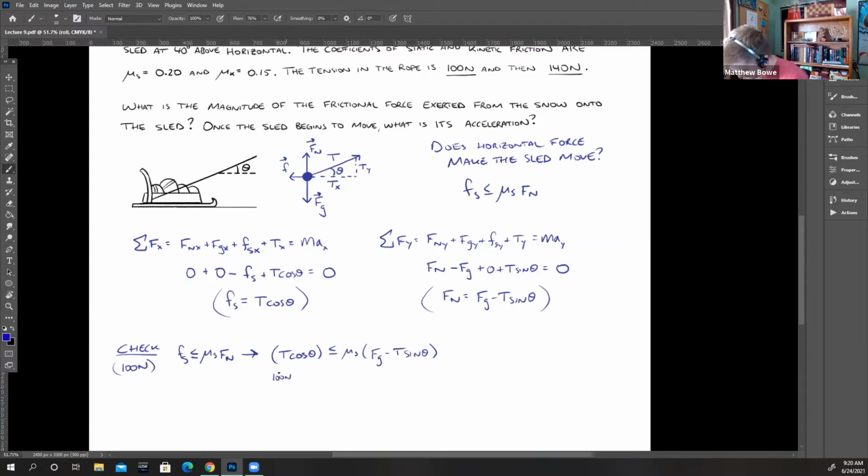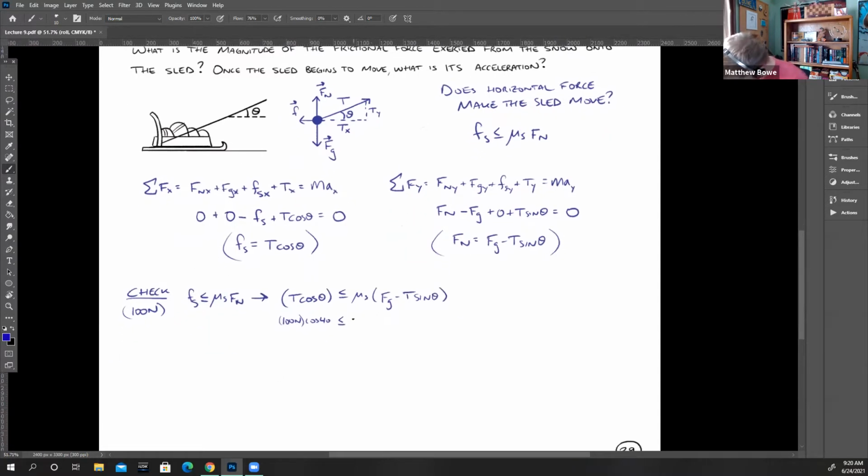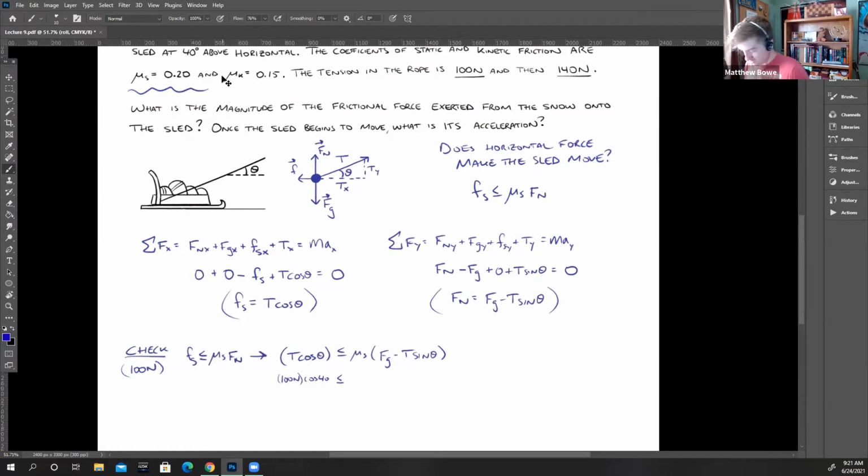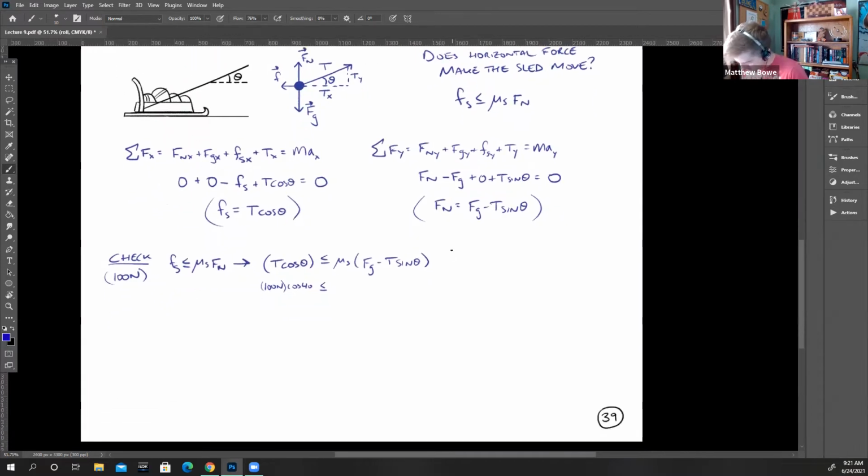So that's 100 newtons times cosine of 40 degrees. This was 0.2. So that's 0.2 times the force of gravity.